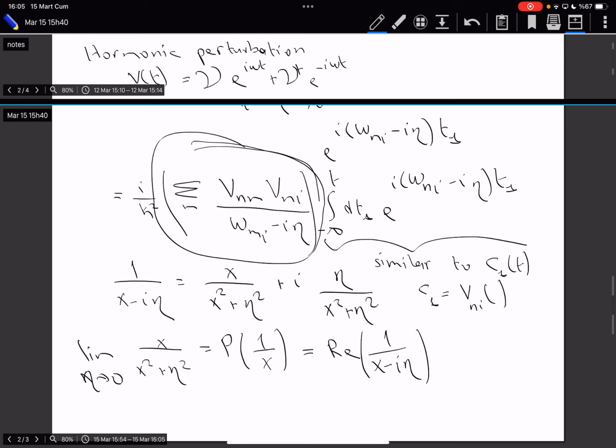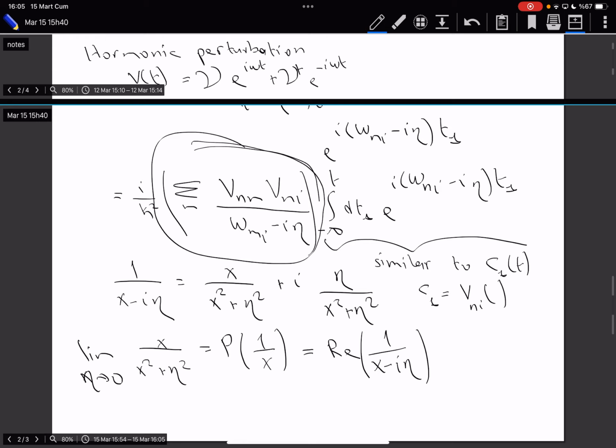The only thing you need to change is V_ni to V_ni plus that sum over m. And then we interpreted that as: this state i can make a direct transition to the nth state. Of course, we also have the conservation of energy factors in the rate at least.